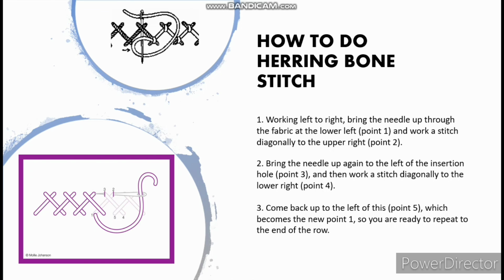Thirdly, come back up to the left of this point, that is 5, which becomes the new point 1. So you are ready to repeat to the end of the row. You go back to point 1, that is the 5 that is standing, then you repeat the same pattern again. So that is how to make a herringbone stitch.